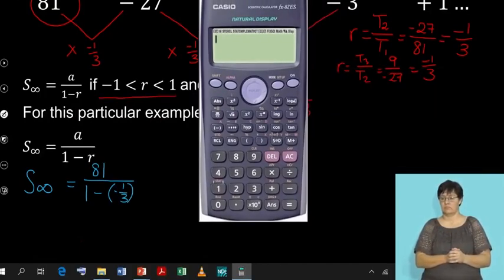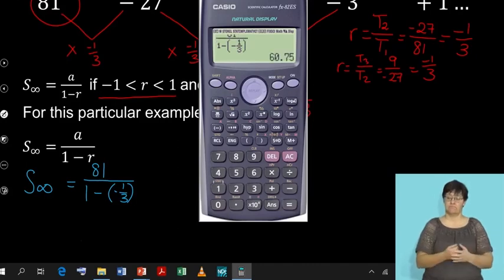So the sum to infinity will be equal to 81 over 1 minus negative 1/3. Sorry, let's get this fraction button to work. There we go, negative 1/3.